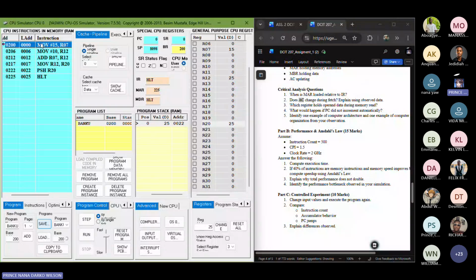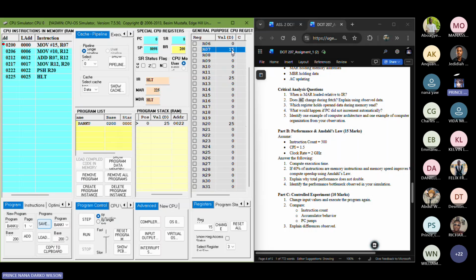So I cannot separately tell you when fetching, decoding, or execution was done. If I try to use this to explain to you, you'll say, but the data value changed to 15. So what do you mean that the data didn't change? That's because the fetching, decoding, and execution have all been done at the same time. So it didn't really change during fetch. It only changed during execute, when the program instruction was implemented. So keep it in mind.